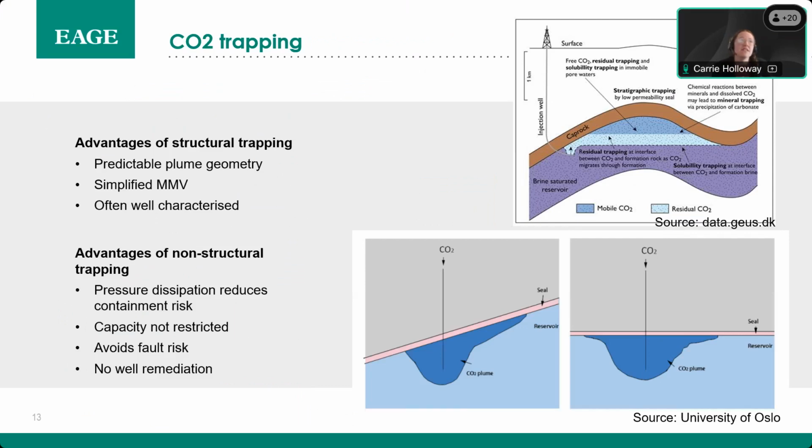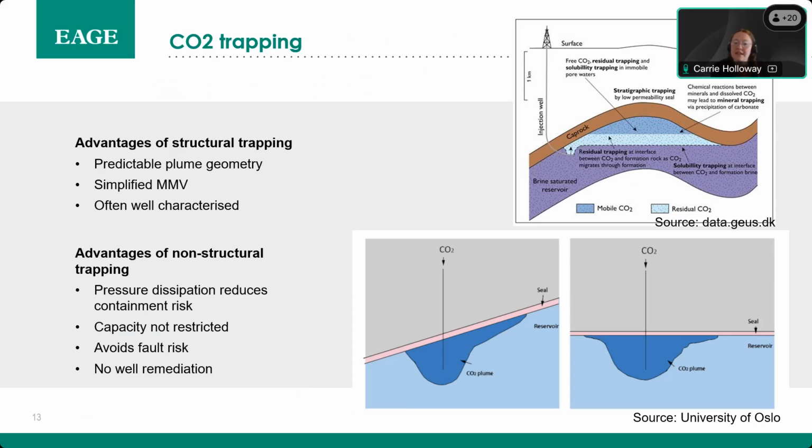The advantages of using a structural trap are that you have a more predictable plume geometry and a simplified MMV. You know where your spill points are and where you expect the CO2 to end up. And these are often well characterized, either by a dry well, a wildcat well, and/or seismic as well.